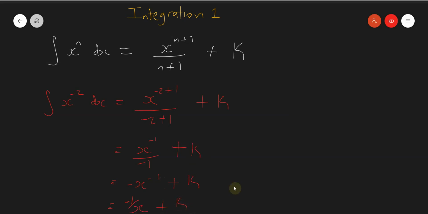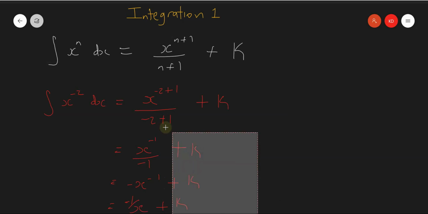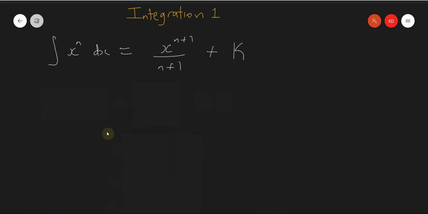Now let me just clear the screen again. Even though I wrote this before, I'm just going to dive in a little. So if we got that problem, the integral of 1 over x, of course we should know that that's basically the integral of x to the -1 power.